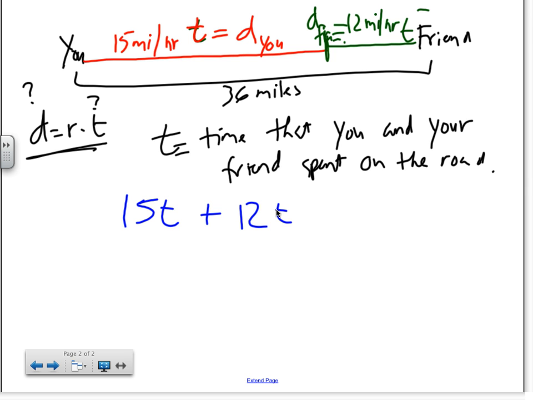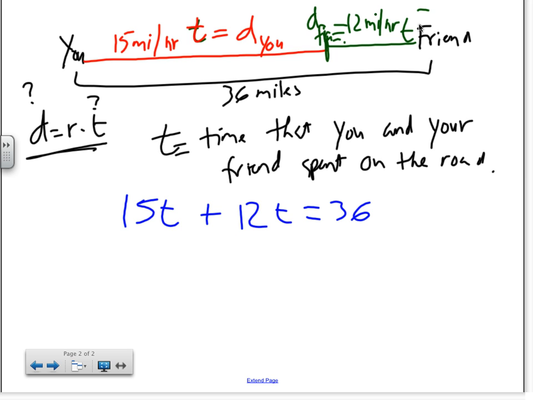Because you are leaving at the same time. That's why. But if you take the two distances and add them together, you have 36. Distance, distance, distance. And notice the reason we don't need another equation is because we only have one variable. The only time we need two equations is when we have two variables, right? In this case, since we only have one, we only expect to have one equation.